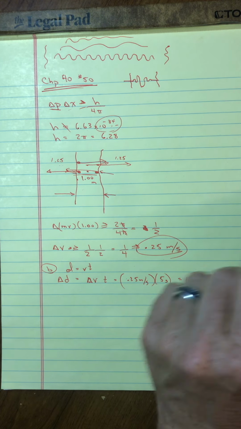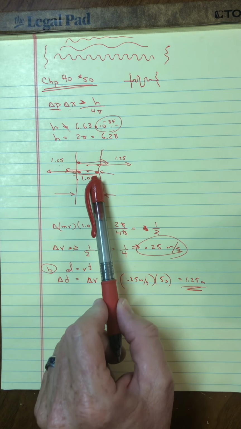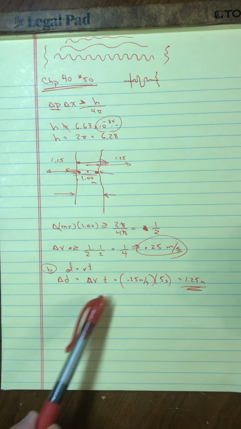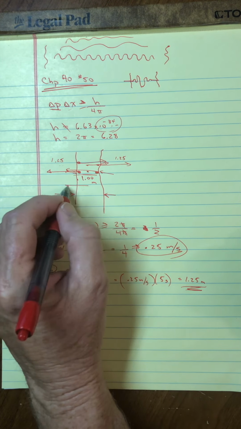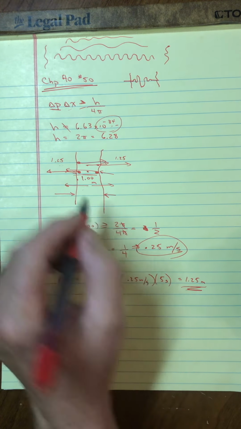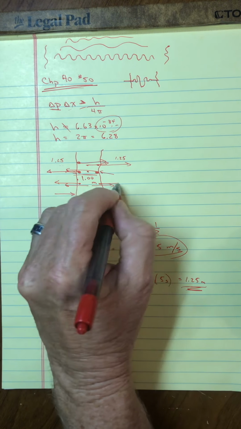I probably shouldn't have drawn it 1 1/4 because 1 1/4 includes the plus or minus. So I should have gone half either way, but it could have been on the edge either way.